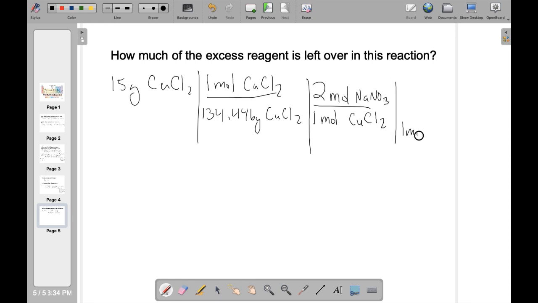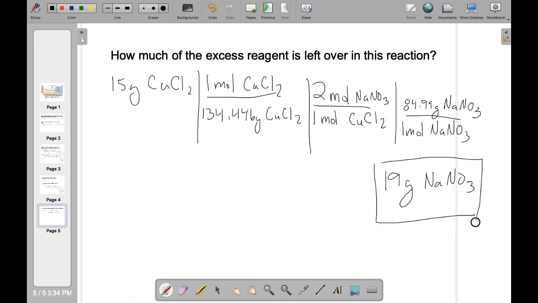One mole of NaNO3 is equal to 84.99 grams of NaNO3. Now, if I do this math, I'm going to find out that I'm going to get an answer of about 19 grams of NaNO3.